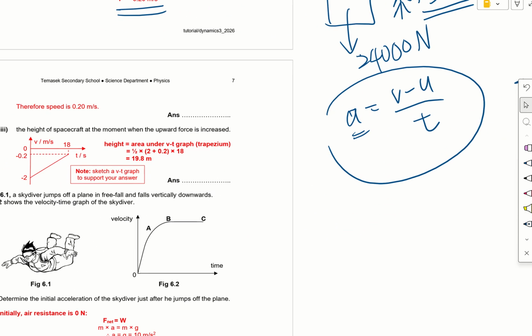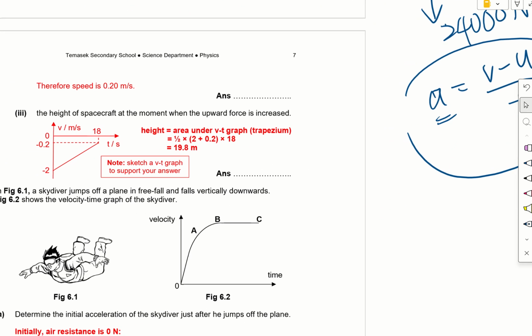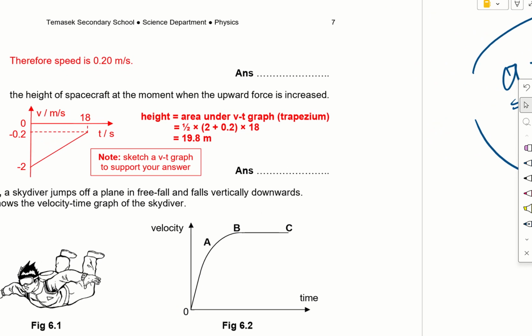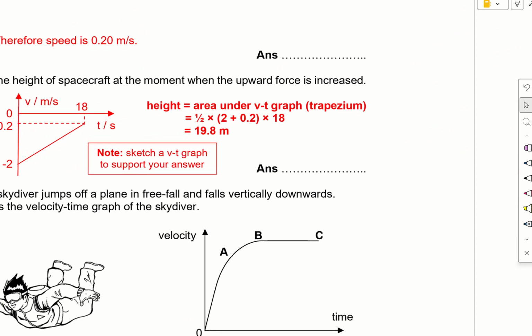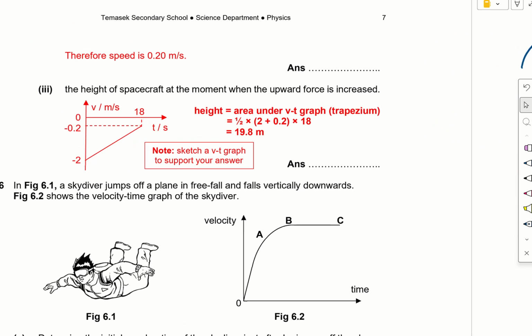They want us to calculate the height of the spacecraft at the moment when the upward force is increased. How high was it before it touches the ground? Don't forget, initially it was at a certain speed of minus 2 or 2, right? Then it started to apply an upward force. So in the end, the final speed is 0.2 or minus 0.2.